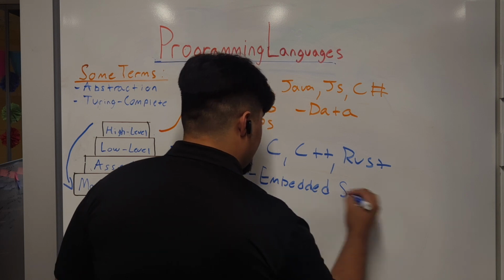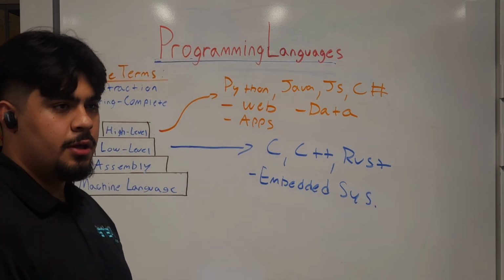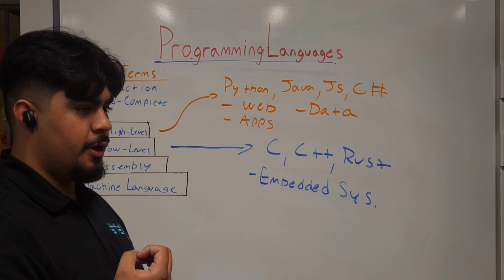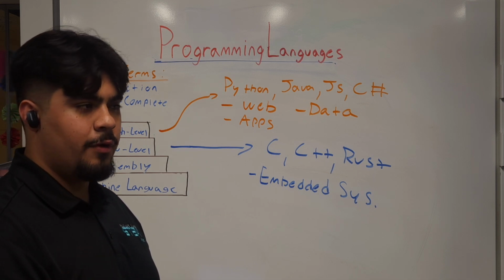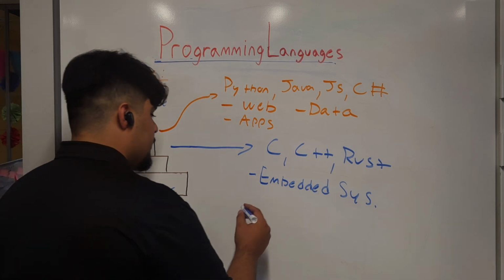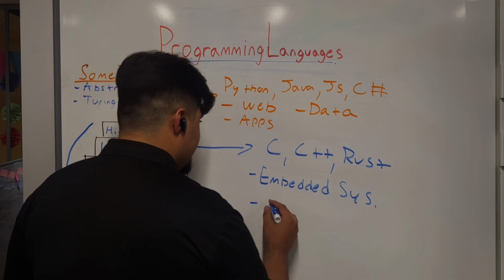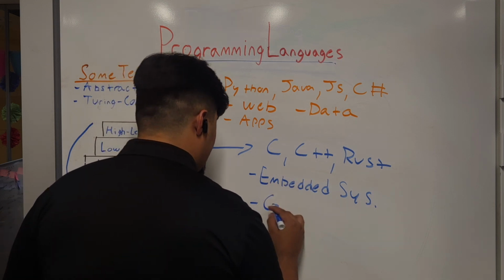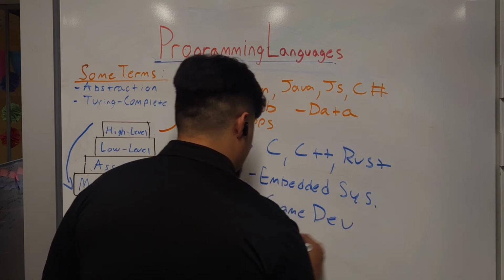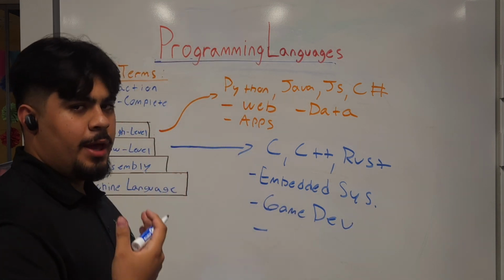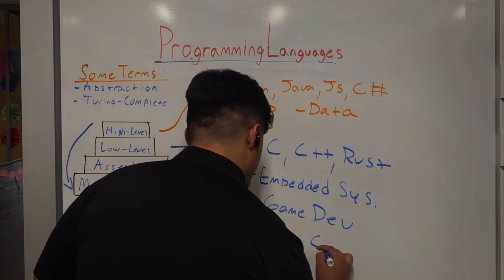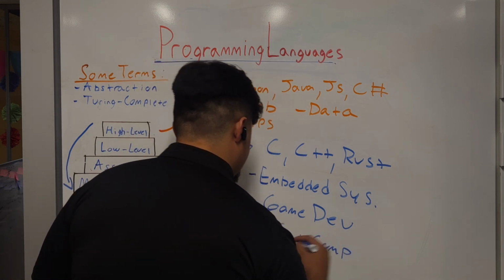So those are things like traffic lights, things that have a very specific function, but that function must be done well. Also, if you want performance, C++ is very good with game development. You want all those frames. It's also very good with heavy scientific computing. We have to run a bunch of simulations and such.